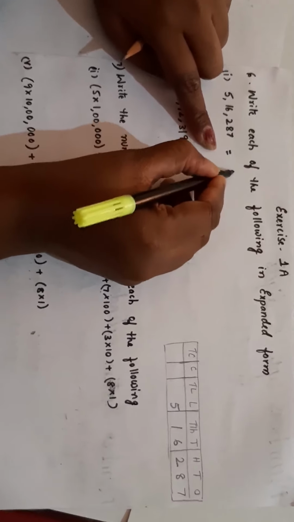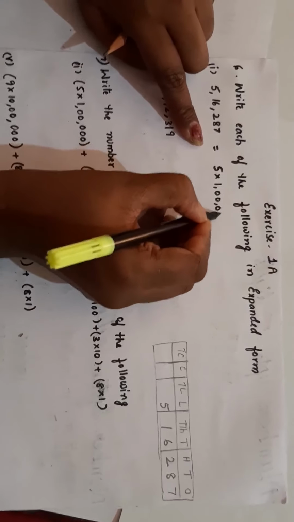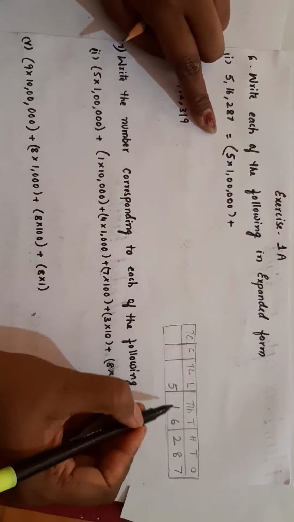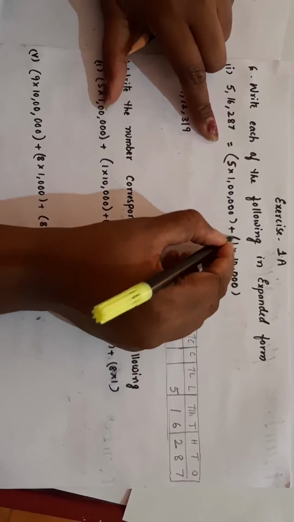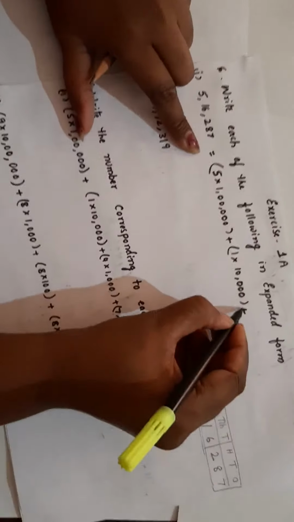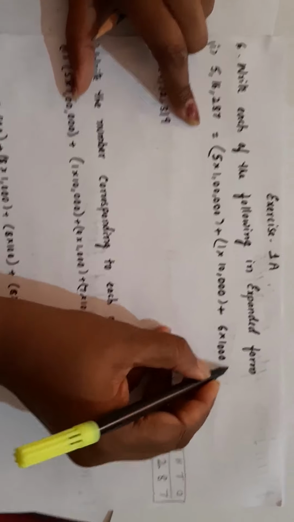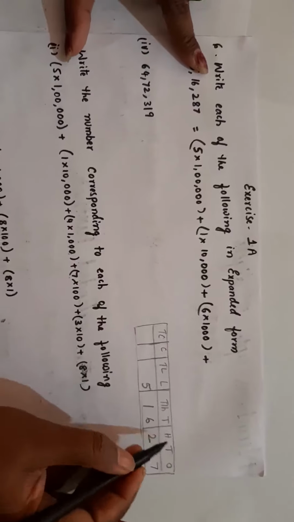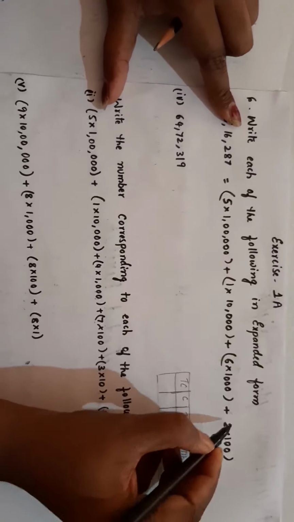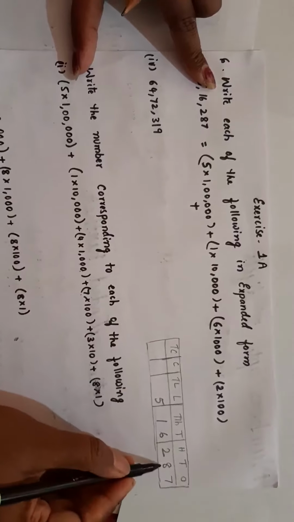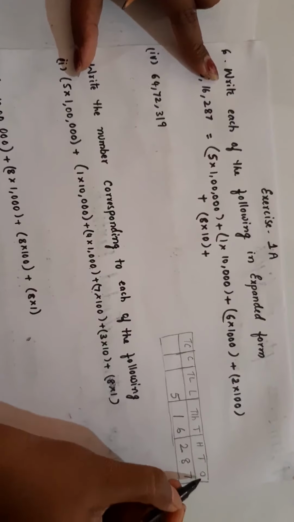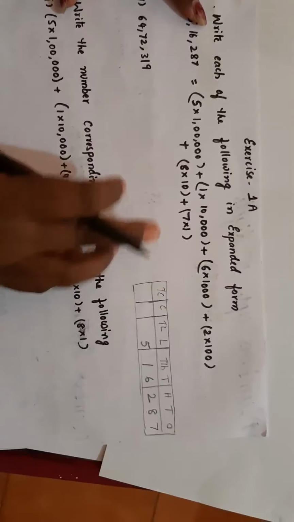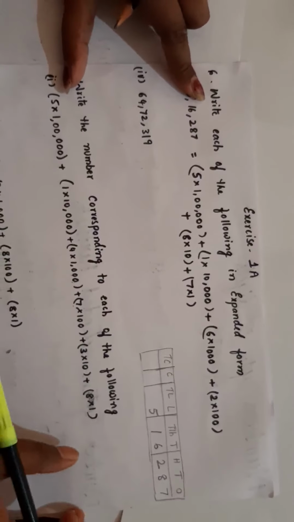Now expanding and writing: 5 into 1 lakh, plus 1 into 10,000, plus 6 into 1,000, plus 2 into 100, plus 8 into 10, plus 7 into 1. This is the expanded form of the numeral.